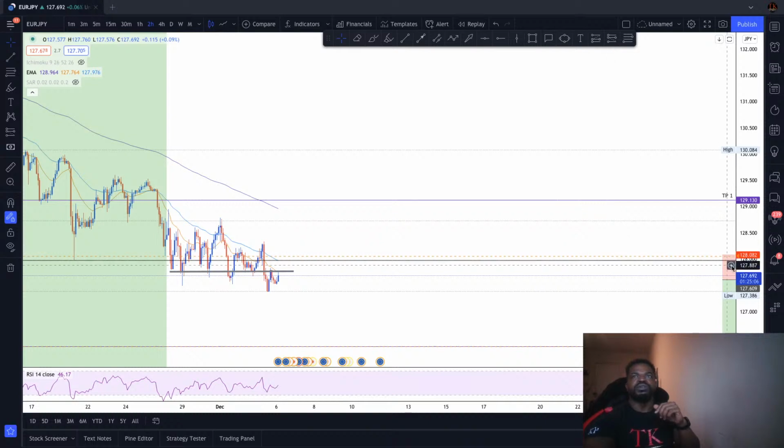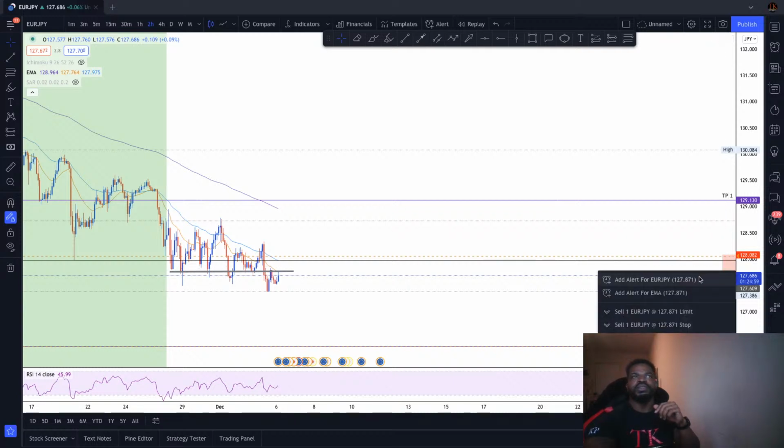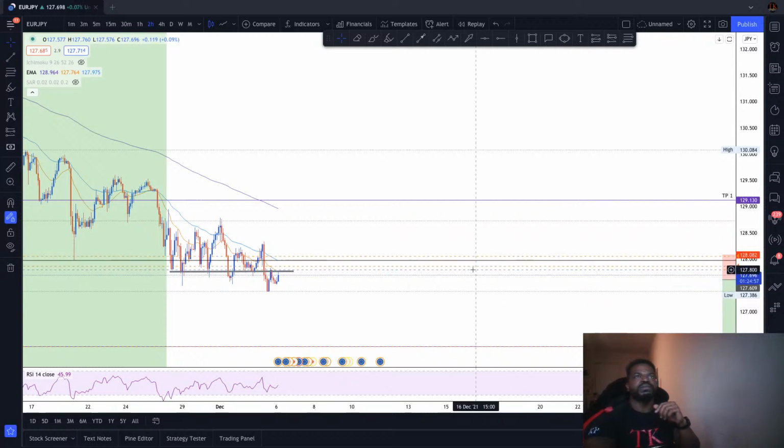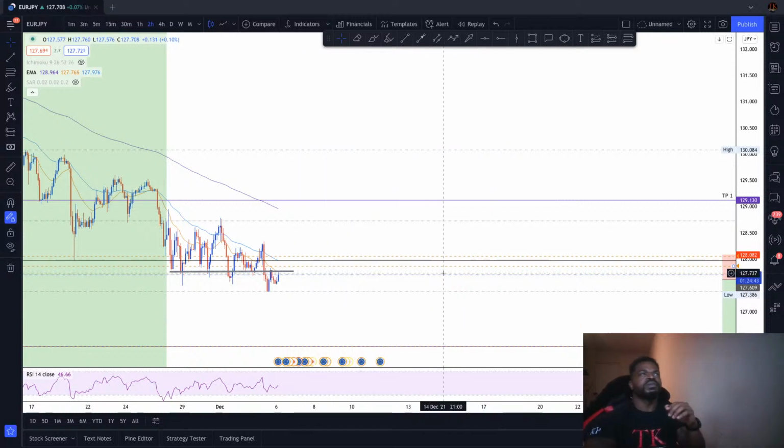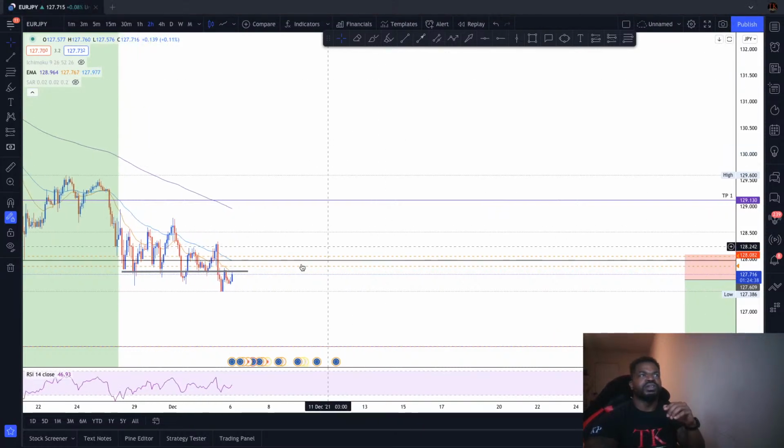So what we will do is just place an alert above structure right here, just to see. Okay, so far we entered Euro JPY here. Price pulled back a little bit, so we're in the negative a little bit here.